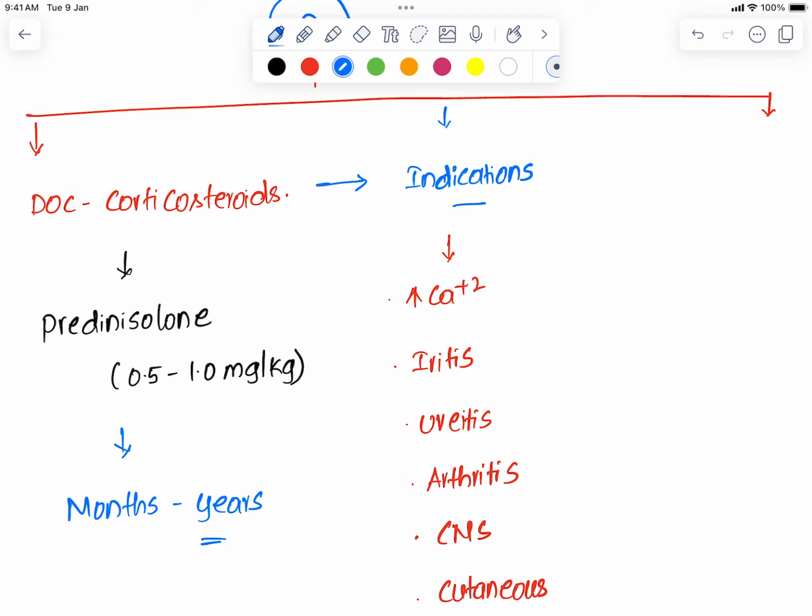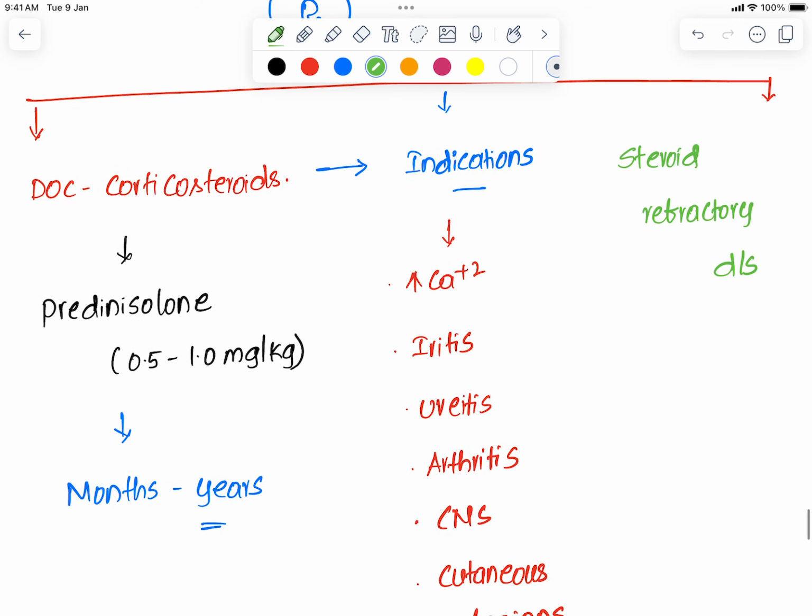Now, those individuals who have corticosteroid refractory disease, you need to give alternative immunosuppressive medications.